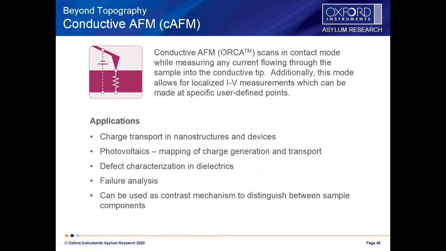The other thing that's nice about conductive AFM is you can also hold the tip constant at a fixed point on the surface and do IV measurements just like a probe station. And by doing IV measurement, you can actually study from point to point the effect of voltages at the nanoscale on your sample. So this technique is used to measure charge transport in nanostructures.